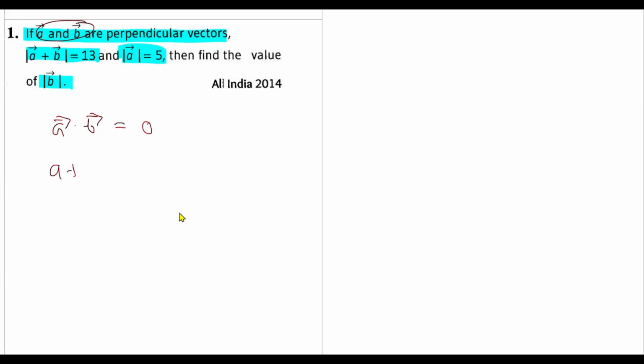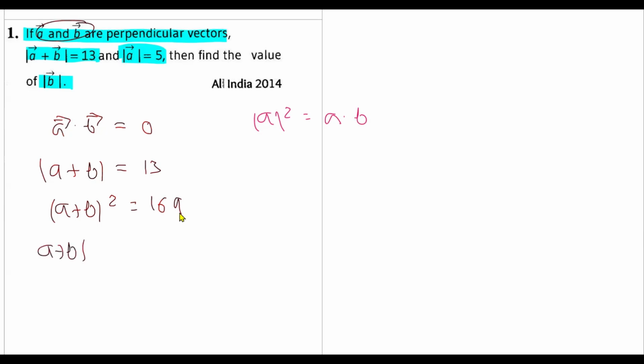Now, next we have A plus B whole magnitude given as 13. So what we can see, that if I square both sides, I get this as 169. Now, using this formula that A magnitude whole square is A dot A, similarly, I can write A plus B whole magnitude square as A plus B vector dot A plus B, is equal to 169.